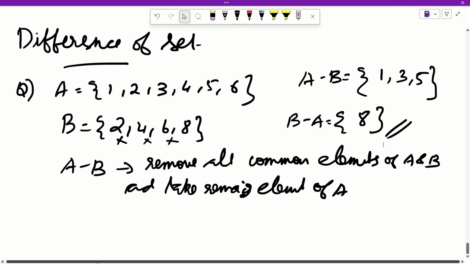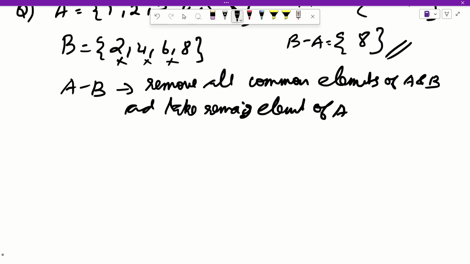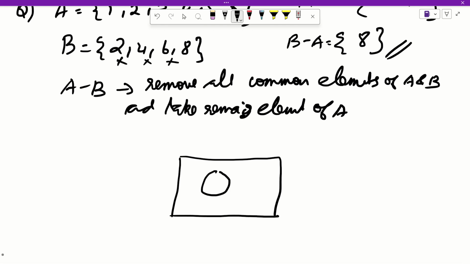Now let me show a Venn diagram representation of the difference of set concept. A, B. A minus B means only A, that is like this.